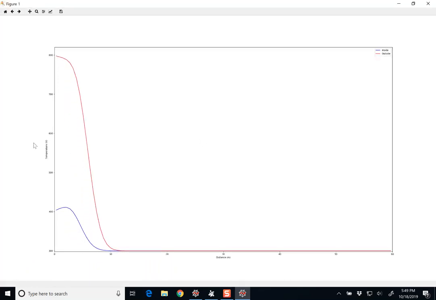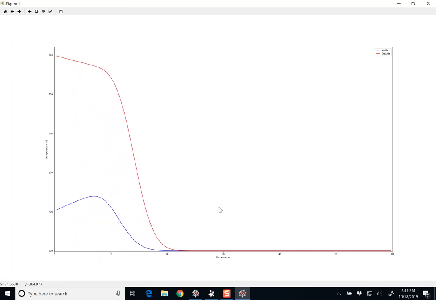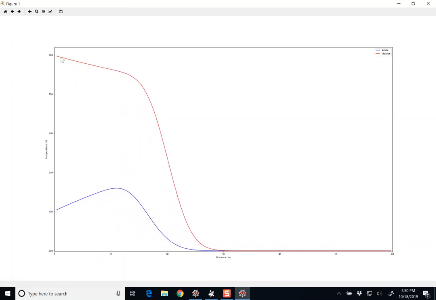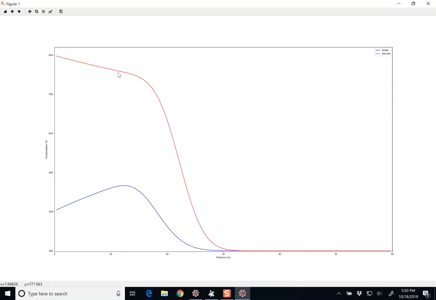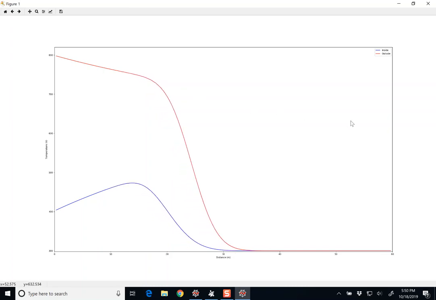So you can see our cold fluid in the inner pipe is coming in at 400. They're both at an initial temperature of 300, so we start to see them gradually heat up. So this fluid is coming in at 400, and it's being heated by this fluid, where this guy, the outer fluid, is getting colder and colder as they exchange heat.